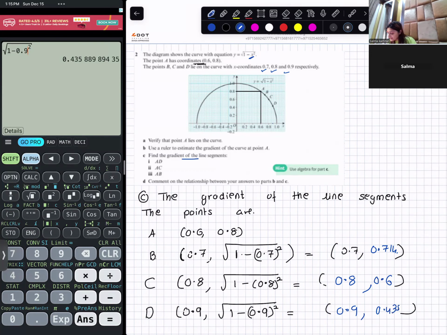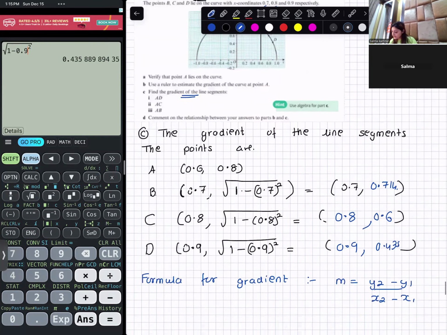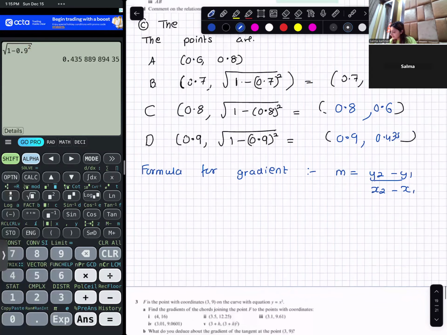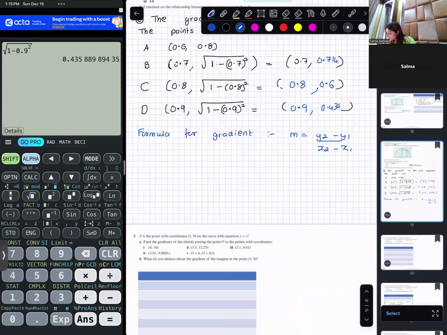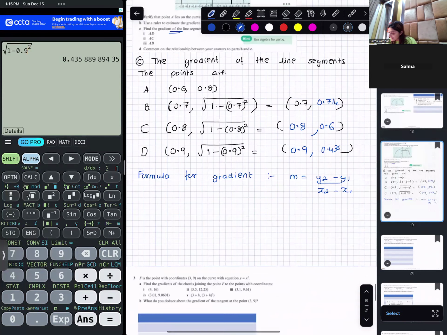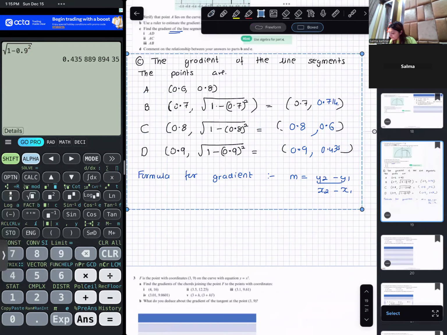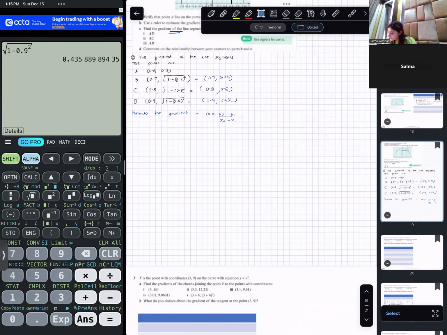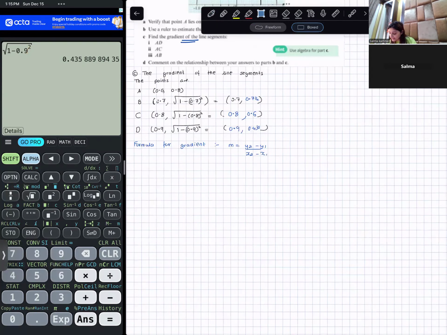I want to find the gradients of the line segments. If I want to find the gradient of the line segment, the formula for the gradient is nothing but y2 minus y1 over x2 minus x1. Now I will use this formula.